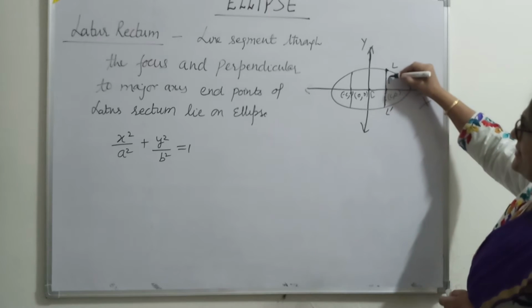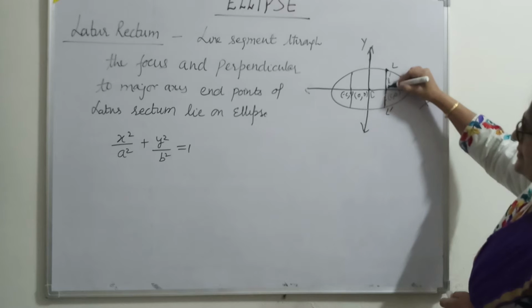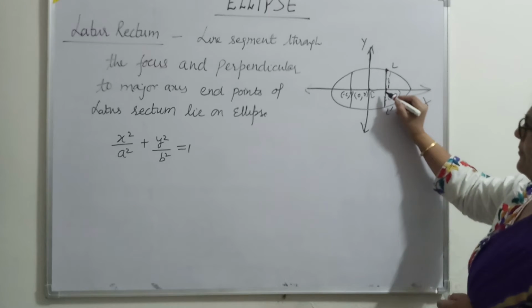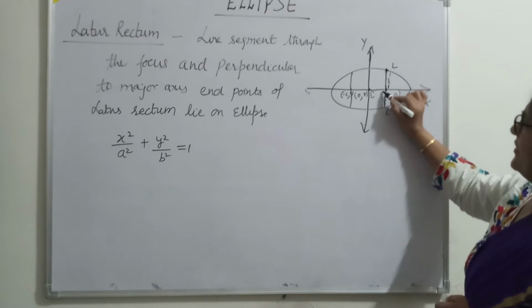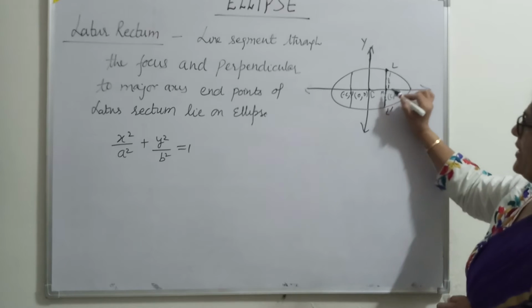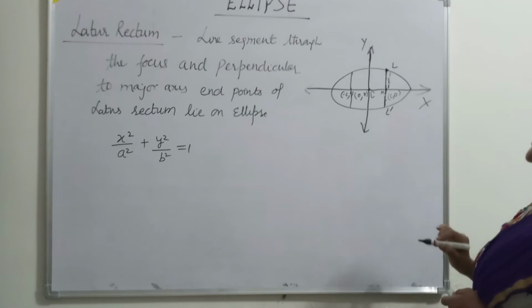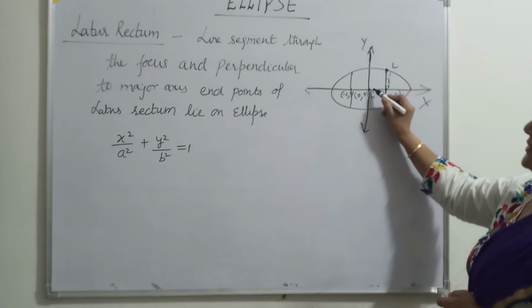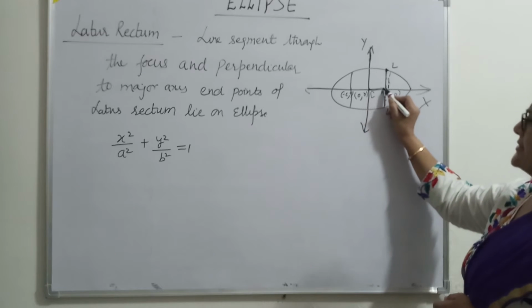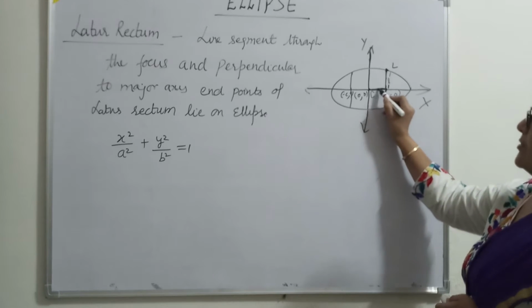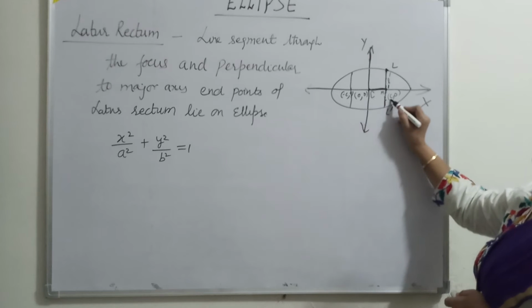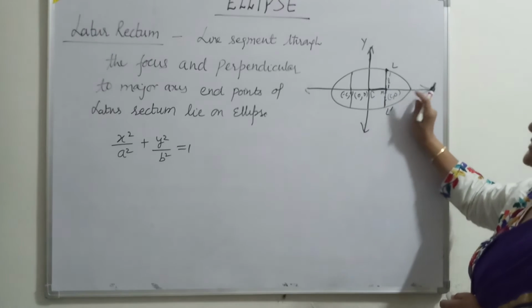So what are the coordinates of L? Let this distance be small l. Suppose we have taken this point as M. So ML distance is small l. And what is CM? This distance is c because the coordinates of the foci are c comma 0.